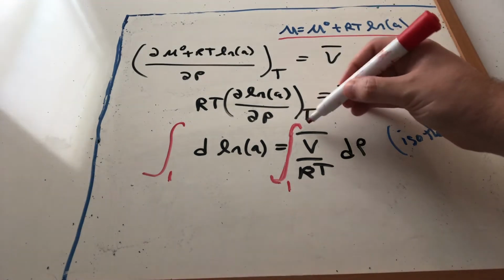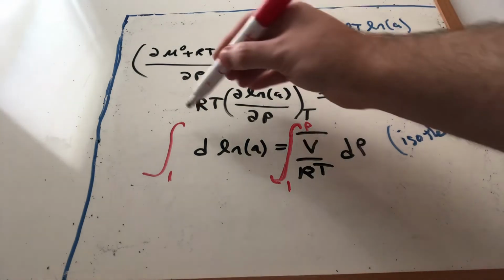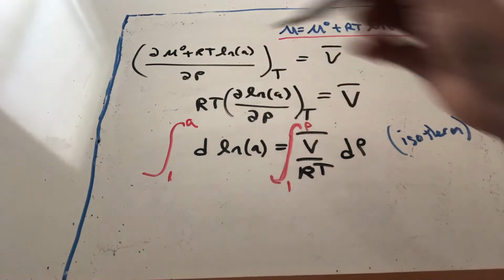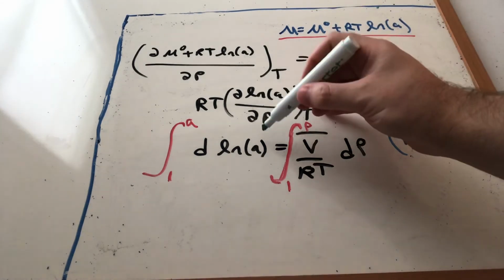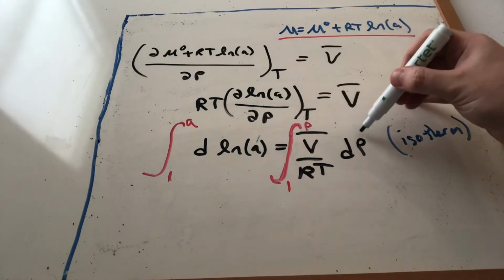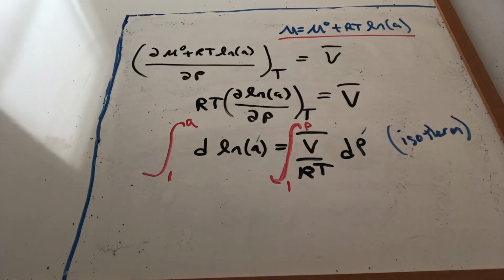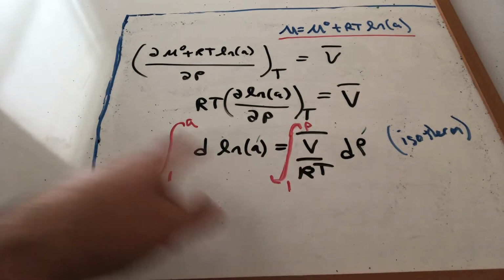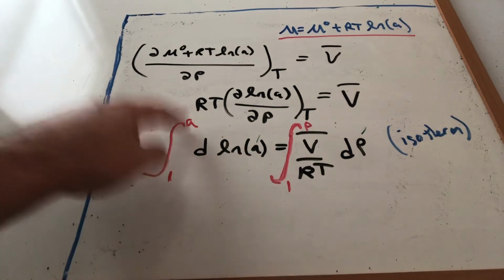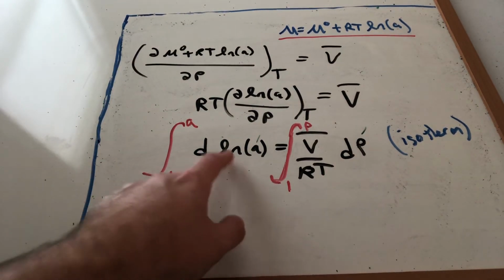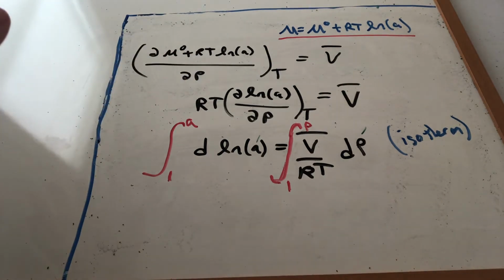So I'm going to take this up to some pressure P, and to some activity A. Because our limits are actually the variables we want in our end, we're going to put some primes here, so this becomes an A prime, and this becomes a P prime. But this is an integral we can do. This becomes natural log of A prime evaluated at A, minus the natural log of 1, which is 0.